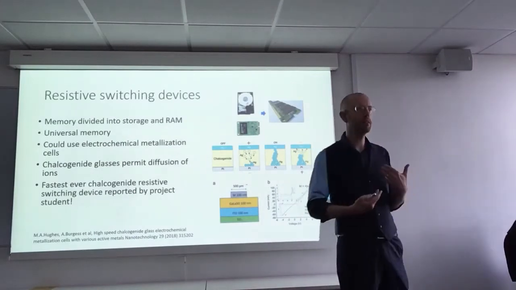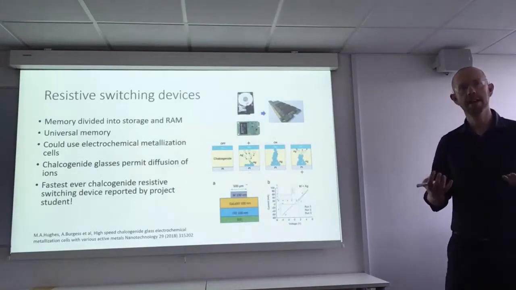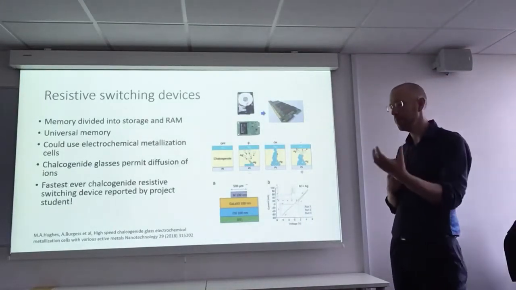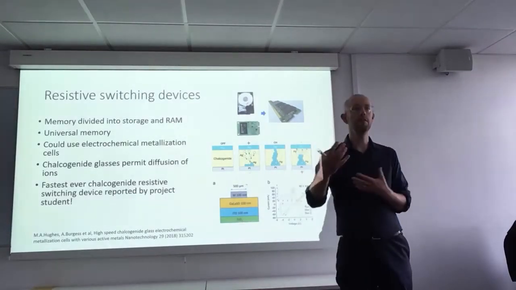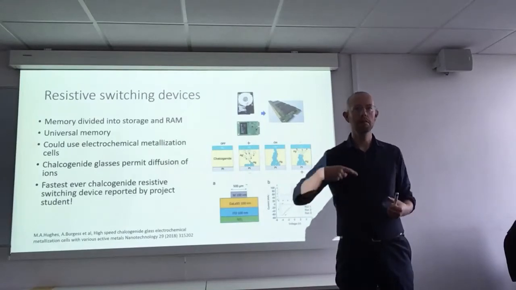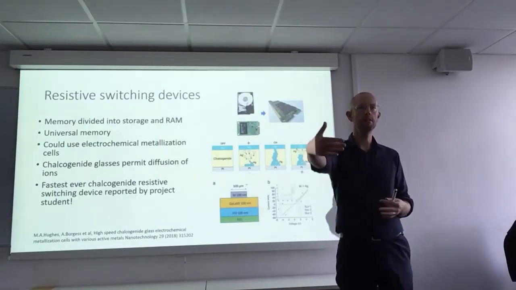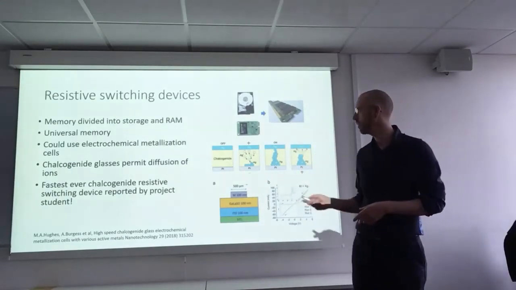RAM is the memory that the computer is using at any particular time to carry out calculations on. So it's data that can be accessed really quickly and written really quickly. As a processor is crunching through numbers, it needs somewhere to store those numbers and access them very, very quickly. And that is what RAM does.